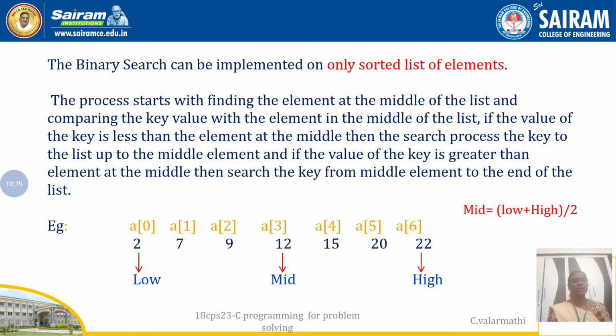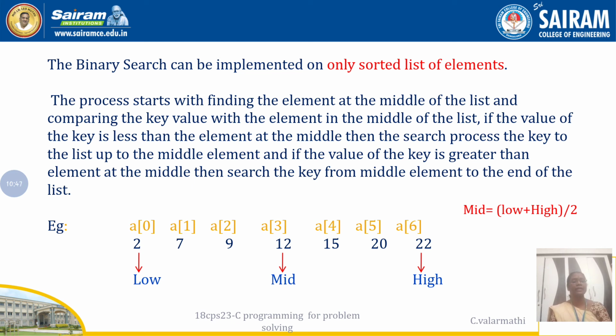Again it will initialize low equal to A of mid, because it should traverse throughout the rightmost part. It will not consider the low part, because those elements are smaller. So obviously my searching element will be present in the rightmost part, and there is no need to worry about the leftmost part.